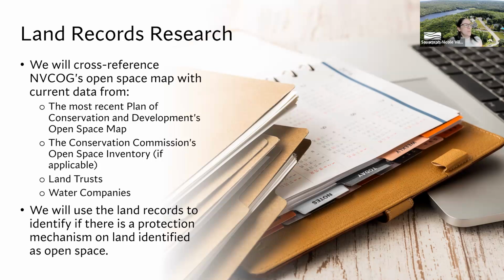So what we'll do is cross-reference our open space maps with the resources that Christine mentioned, and so did Aaron: the Plan of Conservation and Development open space map, the Conservation Commission's open space inventory when applicable. We'll look at what the land trusts and water companies have. And then, in instances in which the protection mechanism hasn't been identified or needs verification, to Christine's point about maybe wanting to clarify boundaries of an easement, we hope to visit the land records to identify which mechanisms are in place, if any.